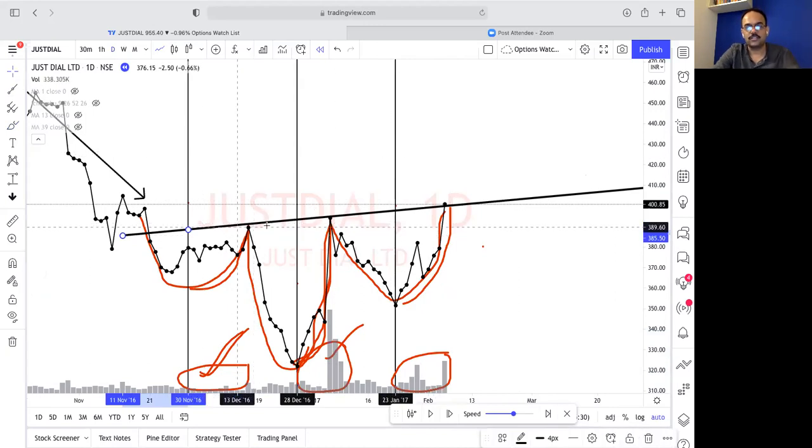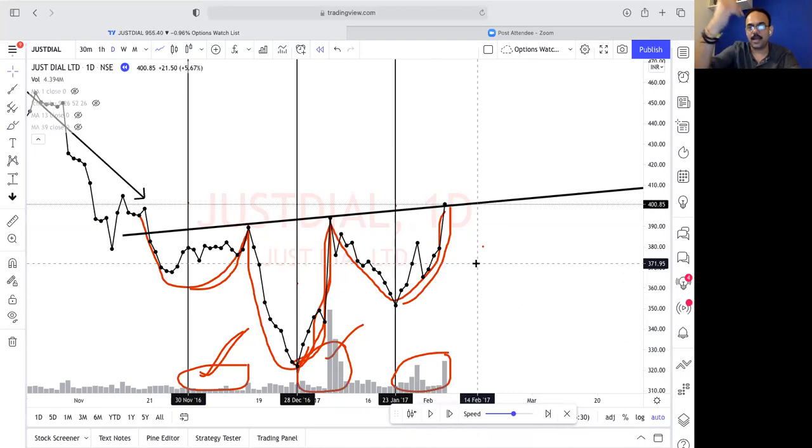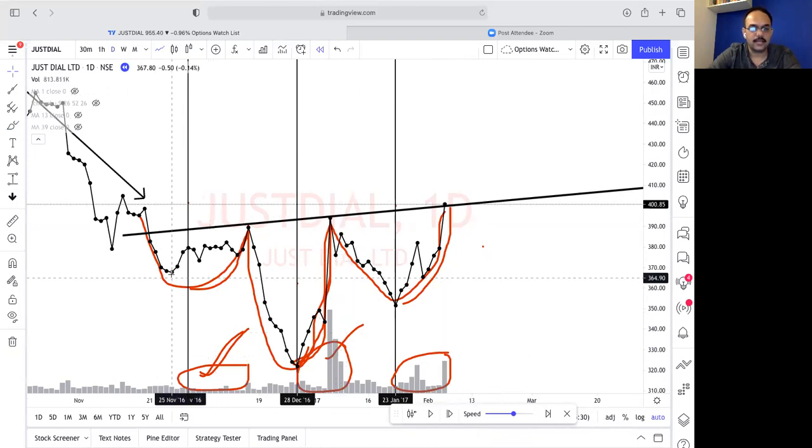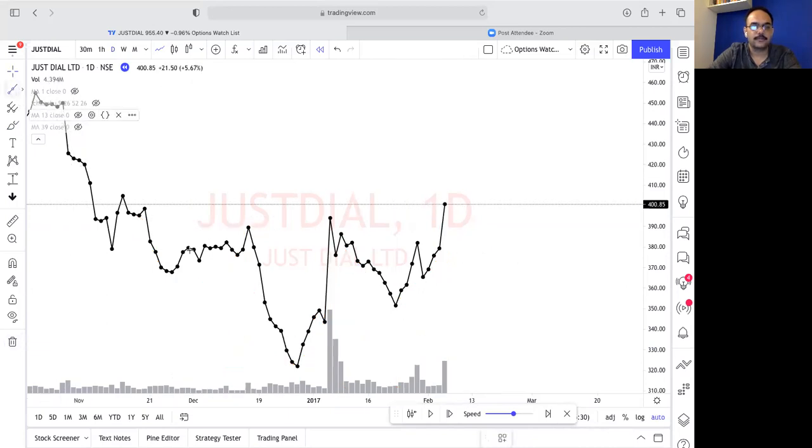This thick line becomes our neckline for the head and shoulder pattern. Now we have to measure how far it will go if it closes above the neckline. So I will delete all the drawings and I'll draw the neckline again, okay?